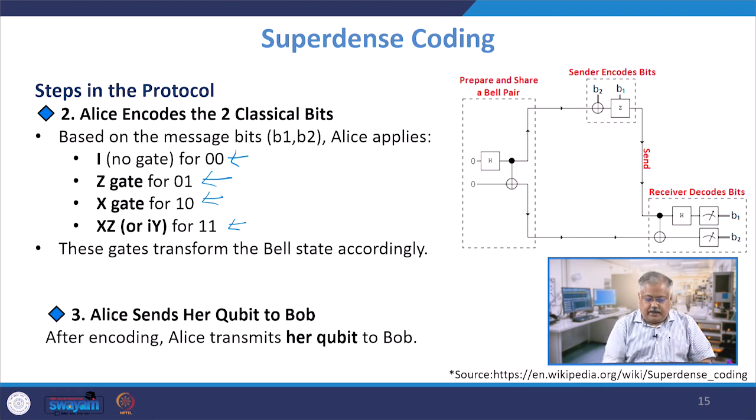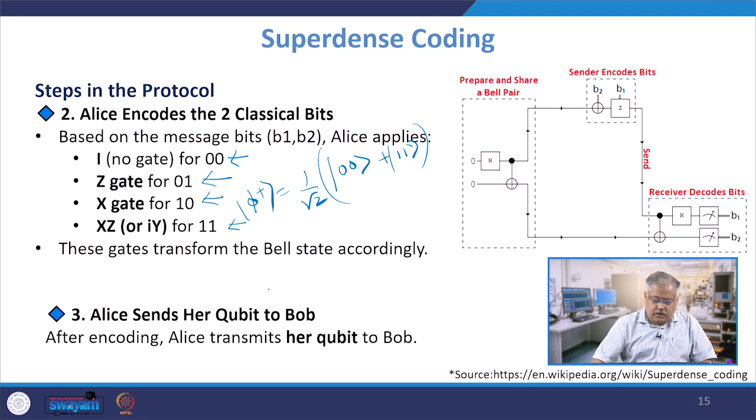The Bell state is 1 by root 2 times (00 plus 11), which we have already seen in our earlier discussion. This is equal to phi plus ket. After encoding, for 00 it is the I gate, for 01 the Pauli Z gate, for 10 the Pauli X gate, and for 11 the XZ gate.